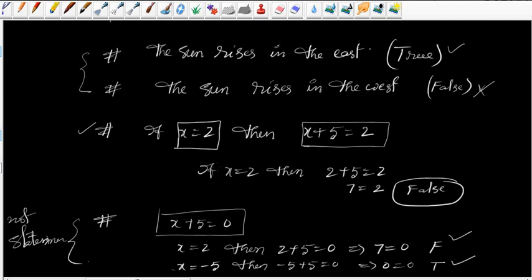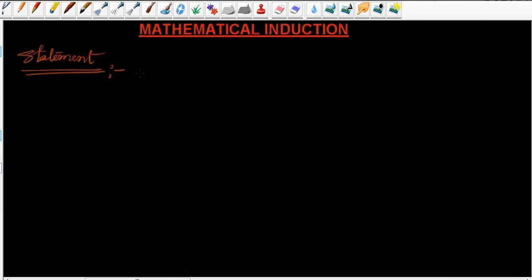Now we can write clearly the definition of a statement.